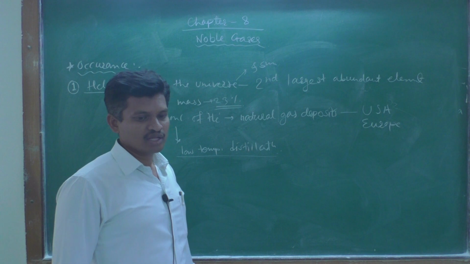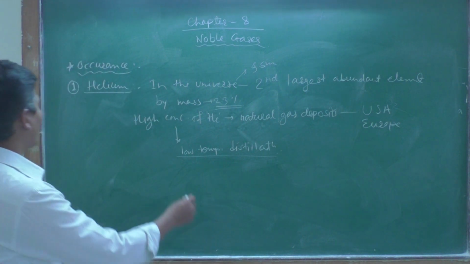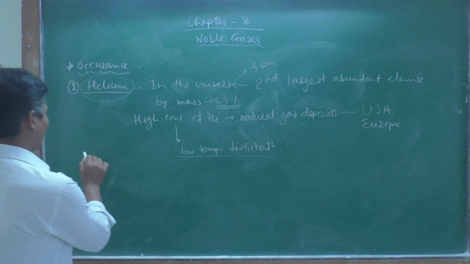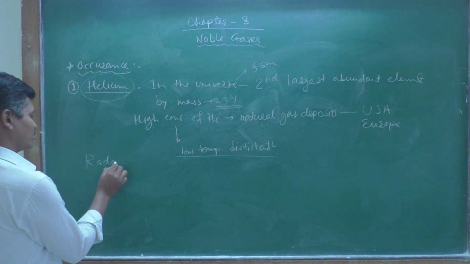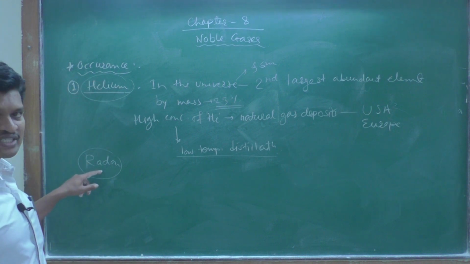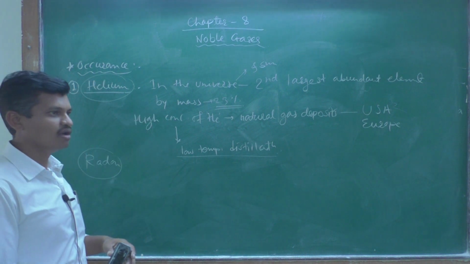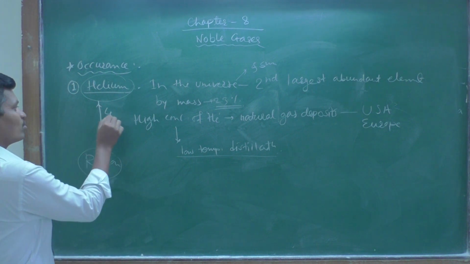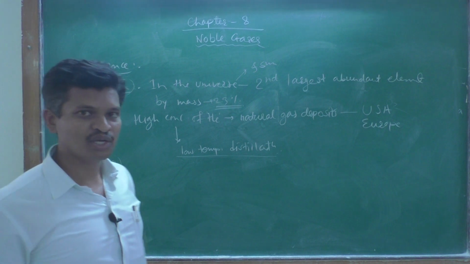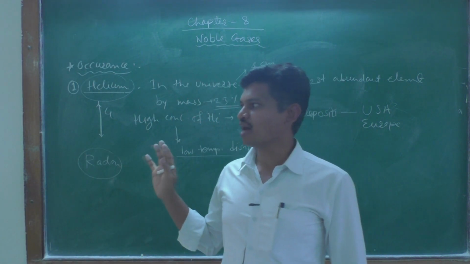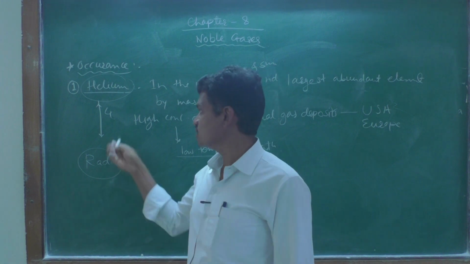Then except helium, the first element, and radon, the last element of this group 18, the middle four, that is neon, argon, krypton and xenon, are found in the atmosphere.